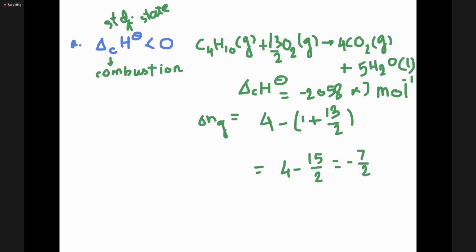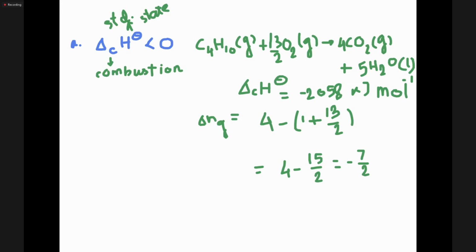In examination, it may come that for this reaction, you have to calculate delta U value. So delta H is equal to delta U plus delta Ng RT. So delta U will be delta H minus delta Ng RT. The delta H value is given to you, that is minus 2658 kilojoule per mole, minus delta Ng RT.